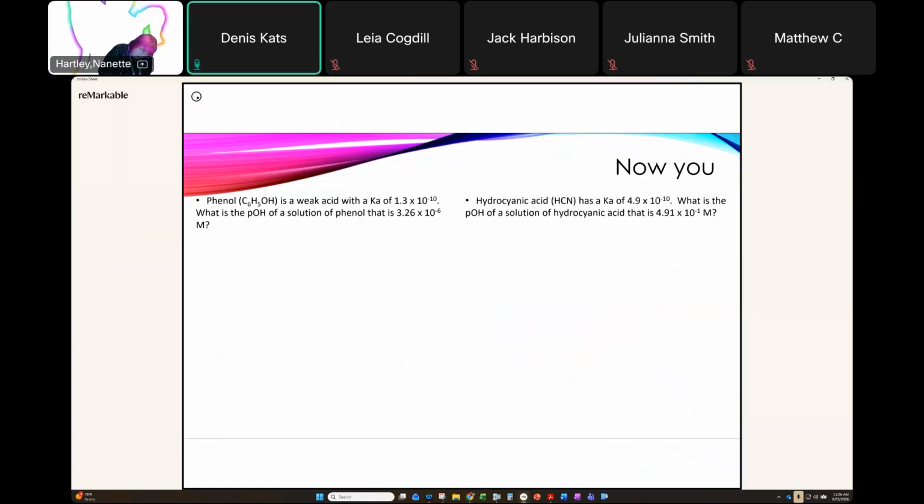So C6H5OH. It's a weak acid. That means it is a proton donor. C6H5O minus plus that H plus. I know that that's what I'm looking at because it is an acid.